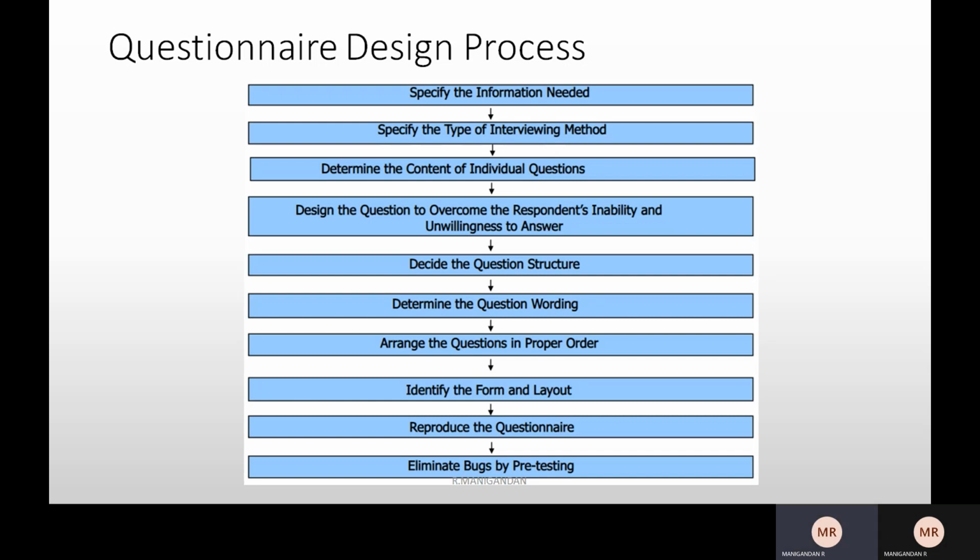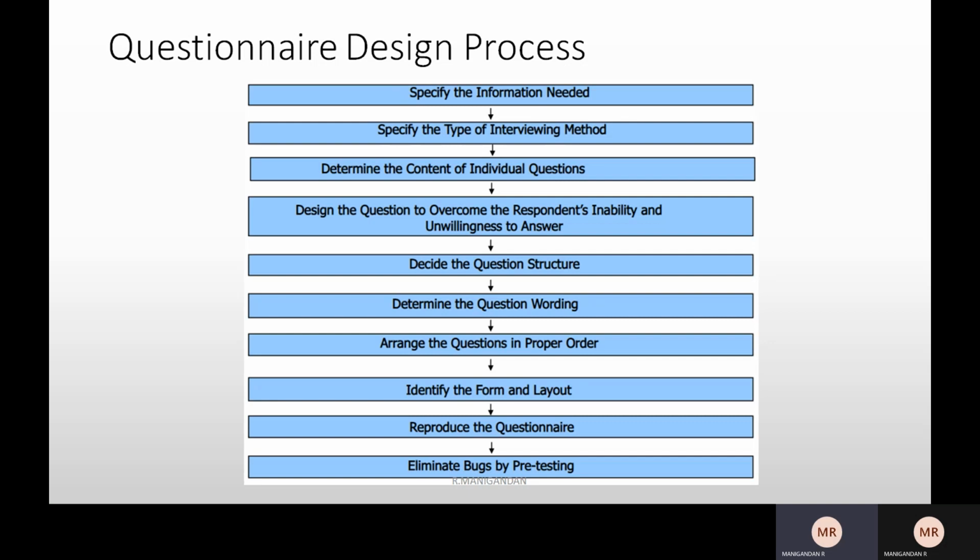Determine the question wording. The wording means you can prepare good and relevant data. Arrange the questions in a proper order. So which question should I ask first? Ascending order or descending order, that is your choice, but arranging the questionnaire is very important.